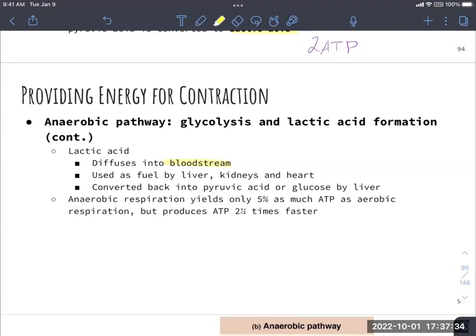our liver, kidneys, and our heart can use lactic acid for energy because they take that lactic acid and convert it back to pyruvic acid or glucose in the liver.